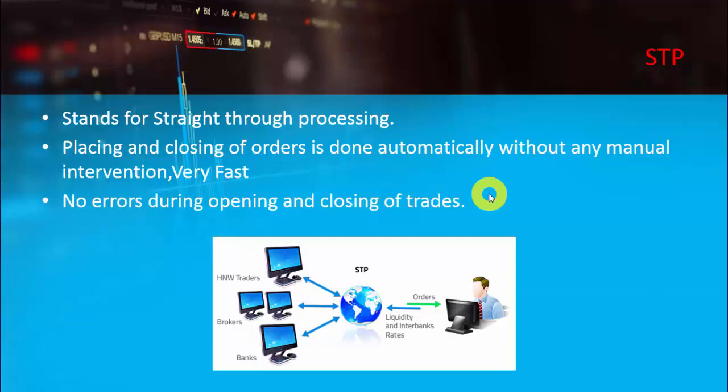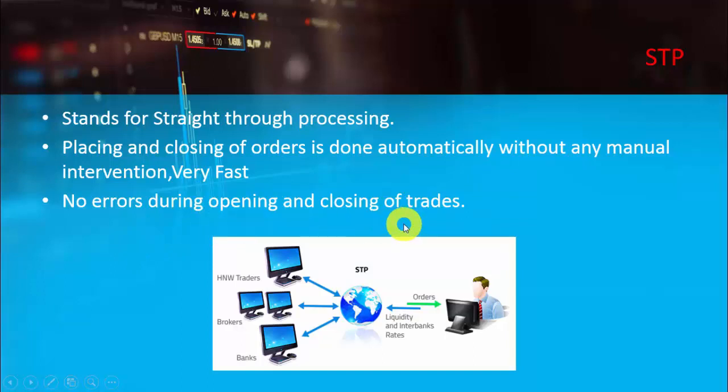And in this broker you are never going to face any kind of errors during opening and closing of the trades. Okay, so STP stands for straight through processing. In this broker, placing and closing of orders is done automatically without any manual intervention. It's very fast, and there's no error during opening and closing of the trades.